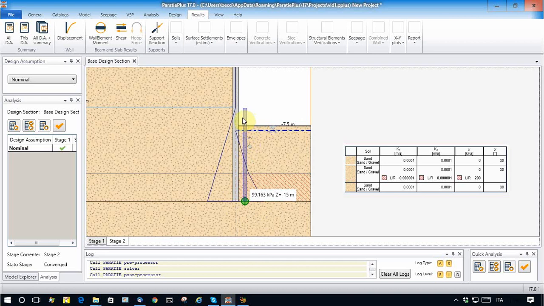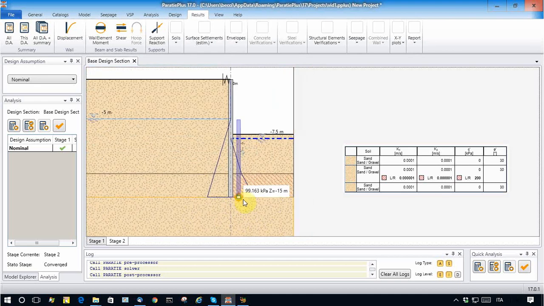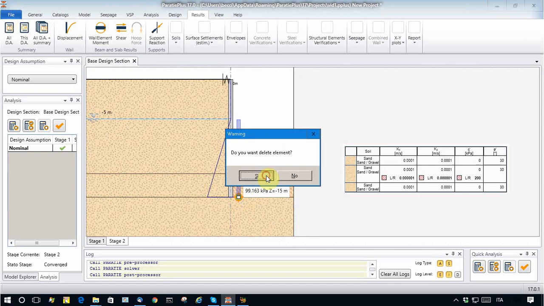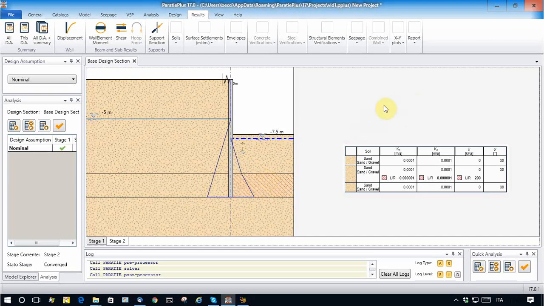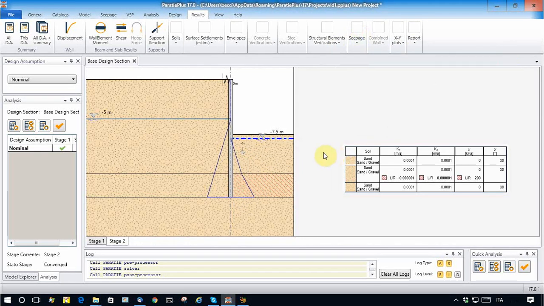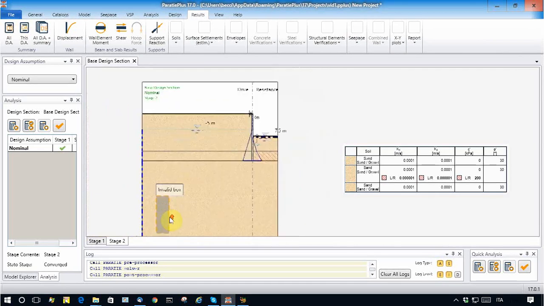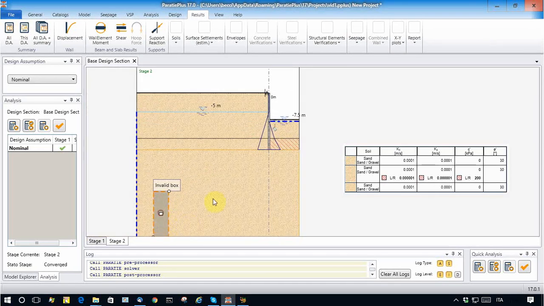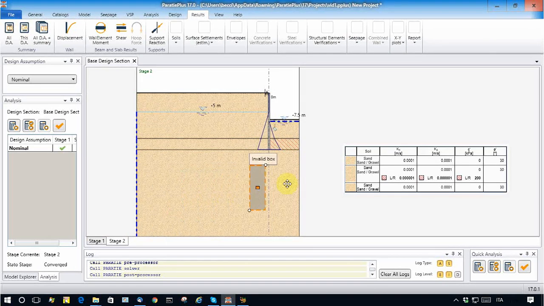To do so, Paratie Plus offers a very simple yet effective tool for this calculation, using another inspector that we call the piping inspector. The piping inspector seems to be very similar to the flow inspector.